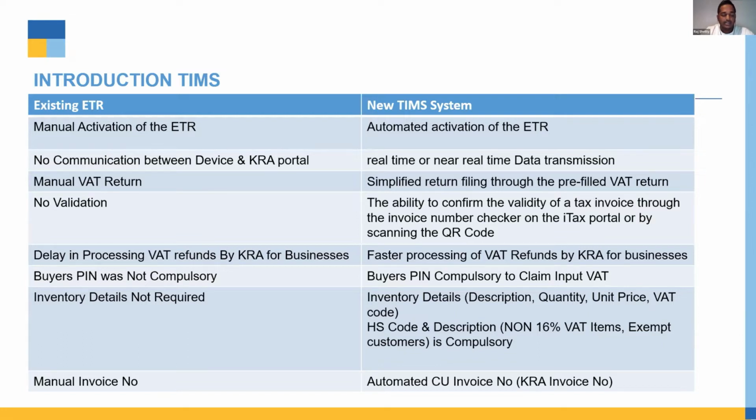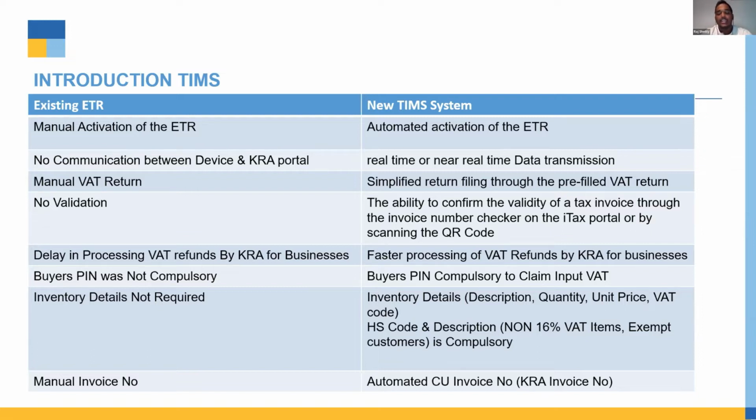Okay. The previous ETR, the manual invoice number. Previously we were using manual numbers, like with the ETR, KRA was not tracking any invoice numbers. So you can have your own invoice number from your manual register or from your software, whichever is generating. Here, you can still go with the manual number in the new ETR. There is no restriction from KRA.